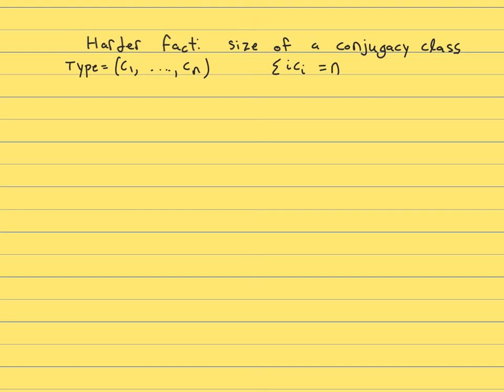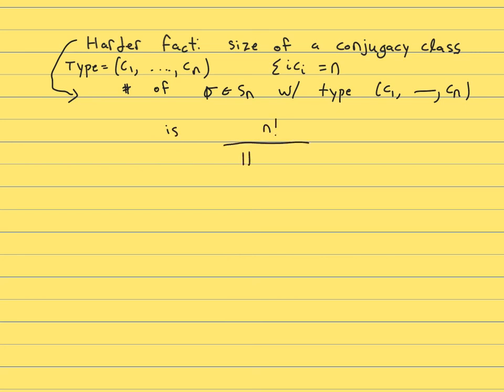But with this approach, you can actually give a formula. The number of such permutations with type c_1 through c_n is n factorial divided by the product, i goes from 1 to n, of i to the c_i power times c_i factorial.